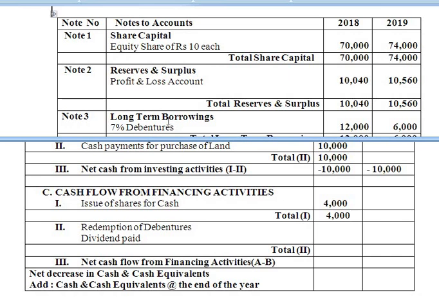So we have here only one long term liability, that is long term borrowings, 7% debentures, and there is a decrease in the amount of debentures, which means redemption of debentures.